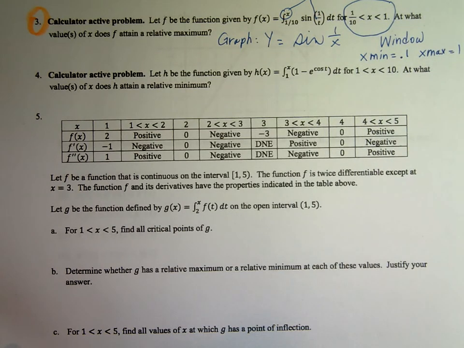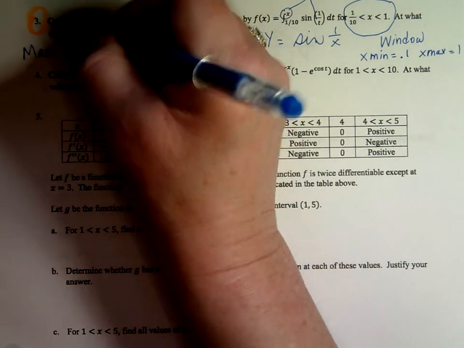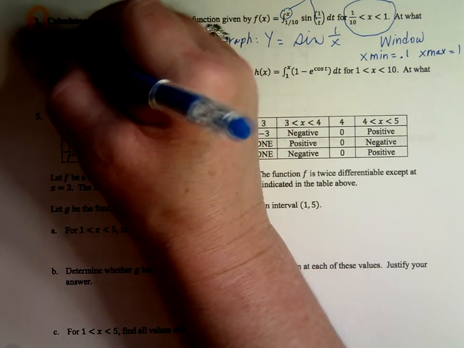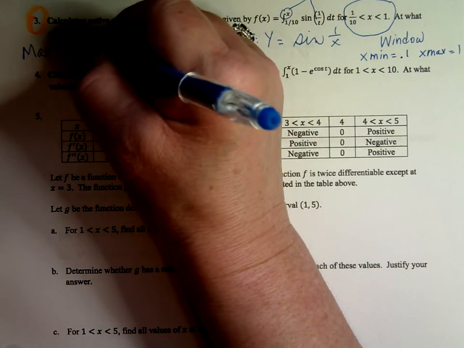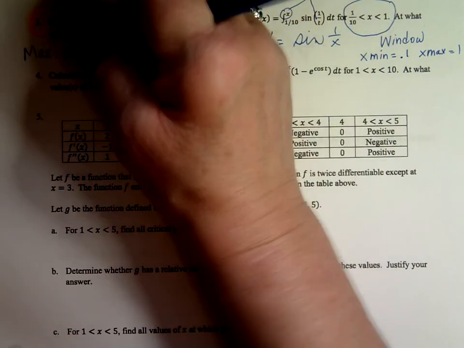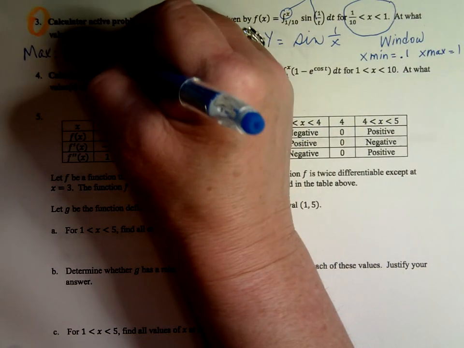And you want to know where the max is. Well, maximums happen when the sign changes from positive to negative.